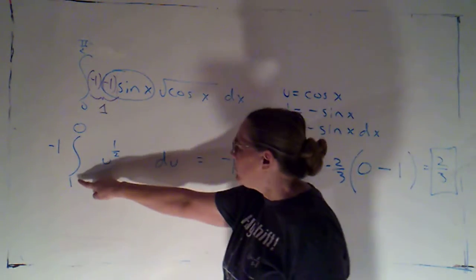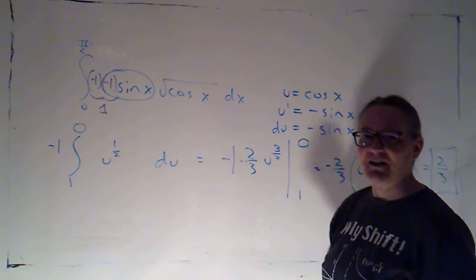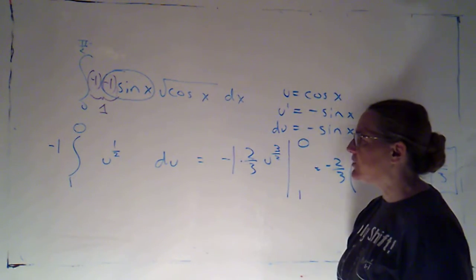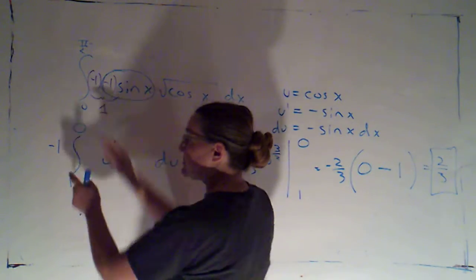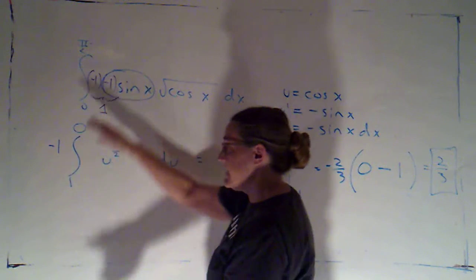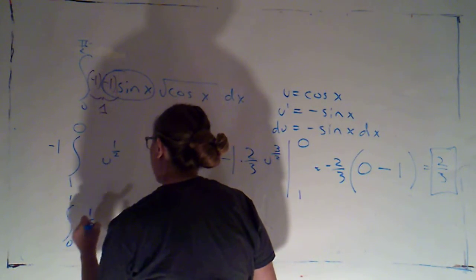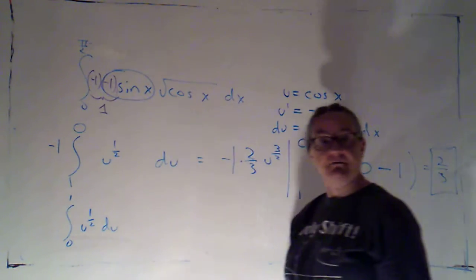Some people really don't like to have these limits of integration backwards like that, going from the bigger value to the smaller value. Since I know that what that does is reverse the sign of the integral, if I want to, I can use this negative sign to flip it and say this is equivalent to the integral from 0 to 1 of u to the 1/2 du.